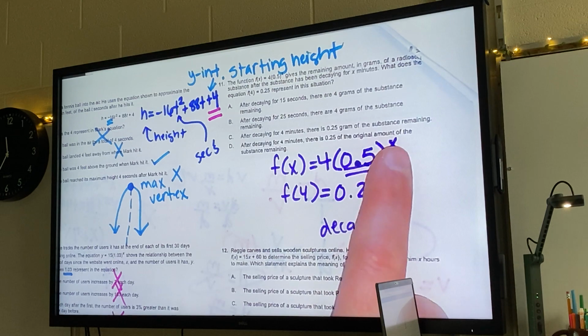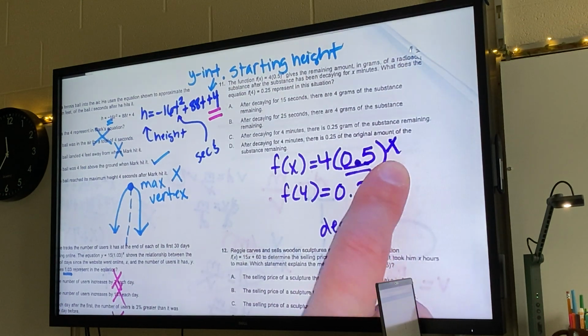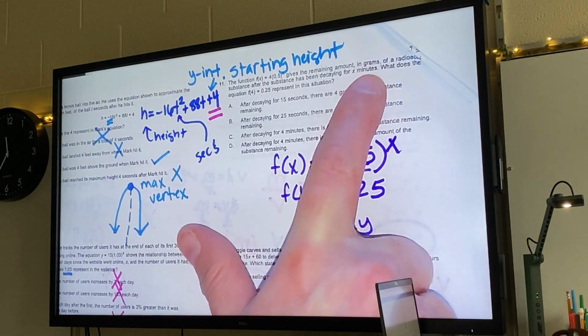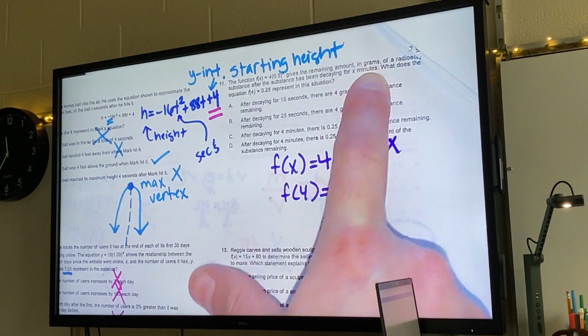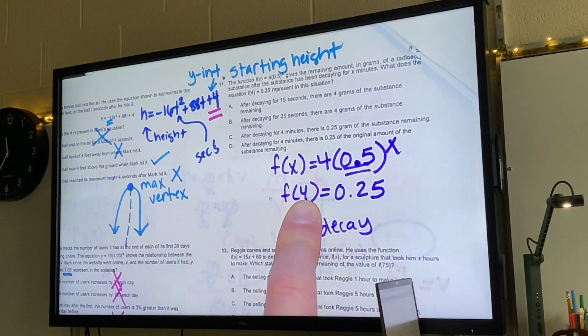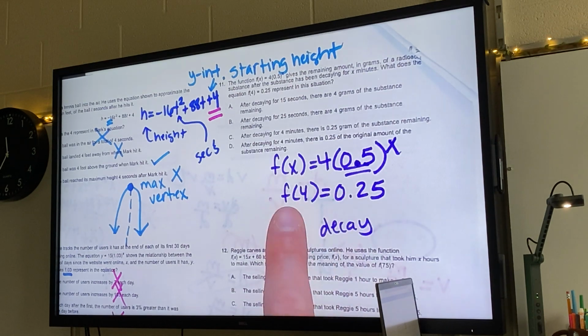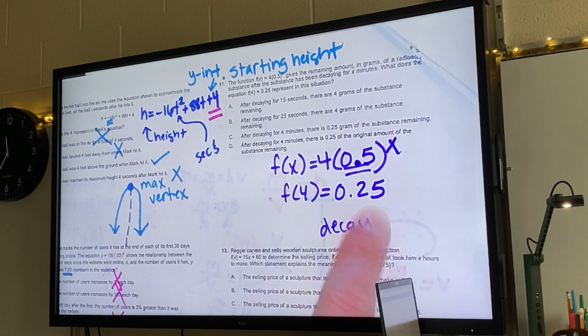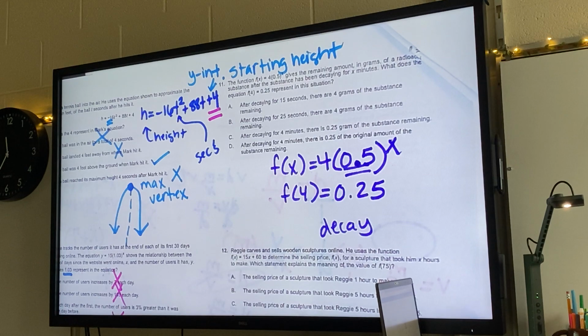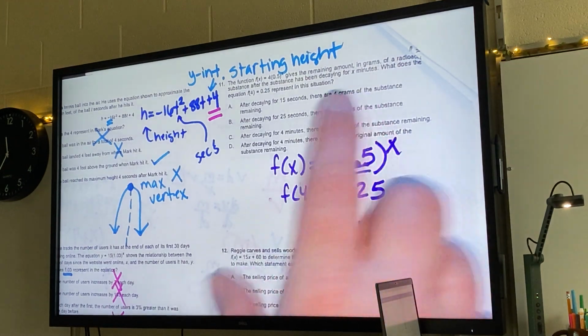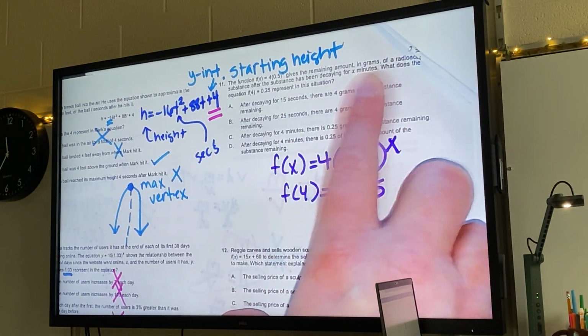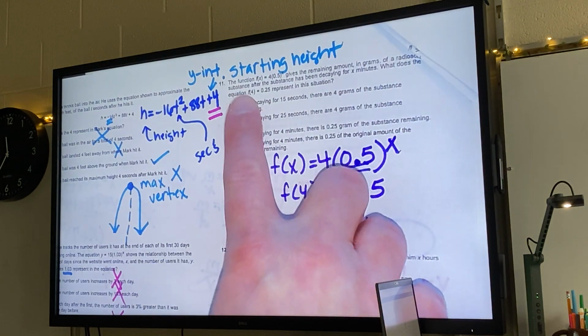And we know, according to this problem, x is in minutes. When we plugged in a 4, we got 0.25. So my y is 0.25, or my f of x is 0.25. And we know that that means grams of radioactive substance.